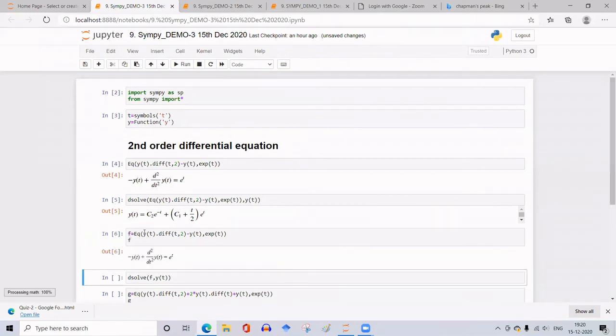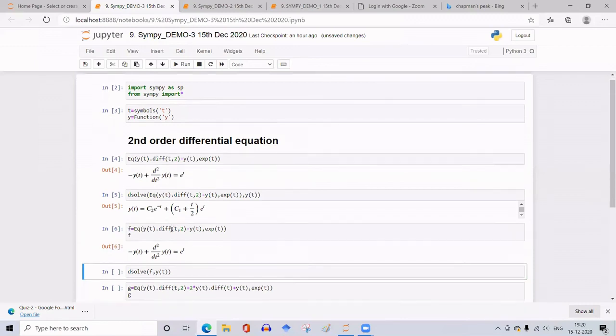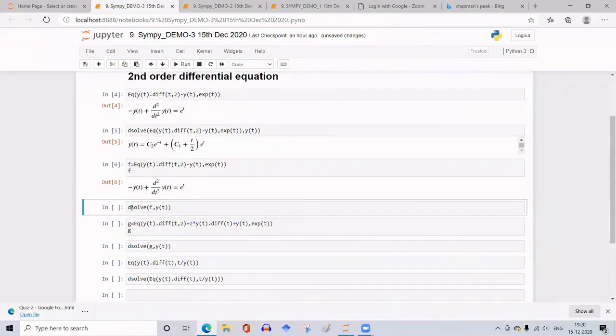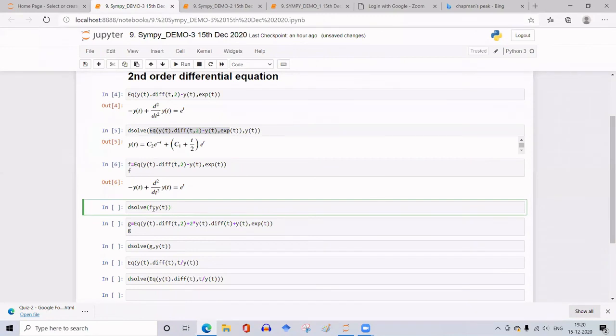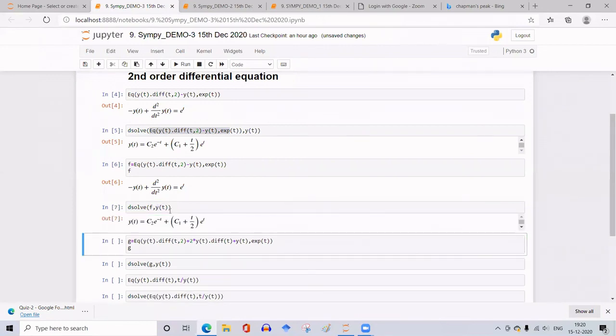So if I call f, I will get the same symbolic representation of the second order differential equation. Then dsolve this f. Now I don't have to give the whole equation as we did here for this dsolve. Instead, you use that variable name which designates that second order differential equation. Dsolve f for the function y of t. I must get the same answer. Okay.